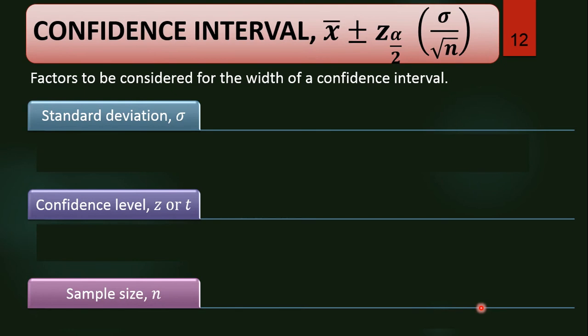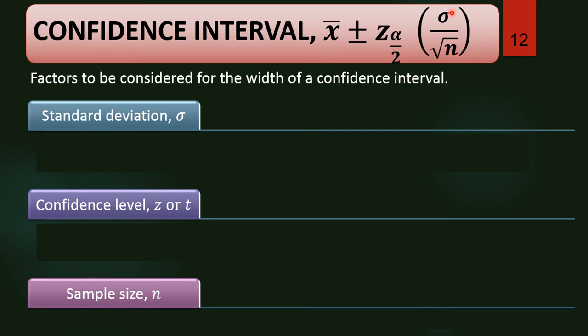Okay, so now what are the factors which influence the width of a confidence interval? We know that to construct the confidence interval, this is our formula. This formula depends on the standard deviation, the confidence level Z, and the sample size.